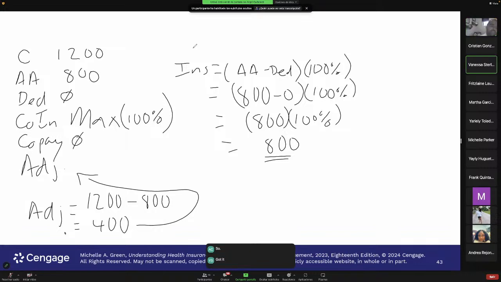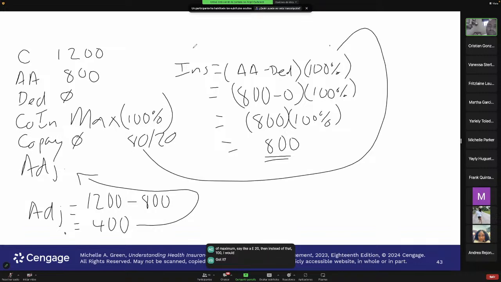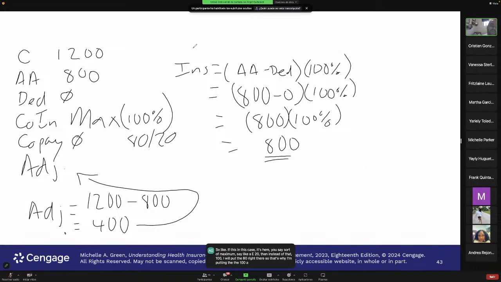Got it. Like in this case, if here you say instead of maximum, say 80-20, then instead of that 100, I will put the 80 right there. So that's why I'm putting the 100 there. And see if this makes sense now. Like this, 800. Okay, excellent.